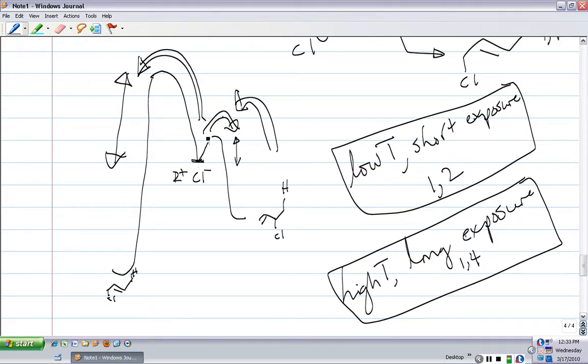But pretty much almost as quickly as this forms, well, not as quickly, but this will form quickly. But I have enough energy in the system for the 1,2 product basically to ionize and reform my ion pair. And once my ion pair is made, I'm going to have enough energy in the system to climb the tallest hill, which is the one leading to the 1,4 product, and fall down. But here's the kicker.